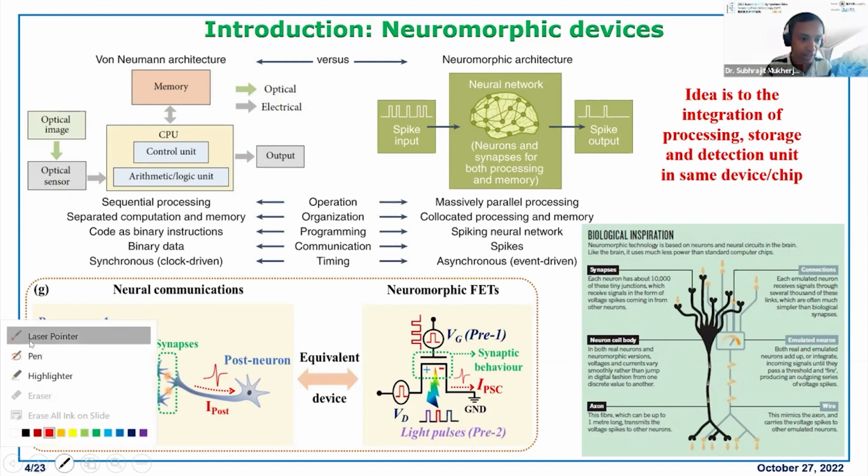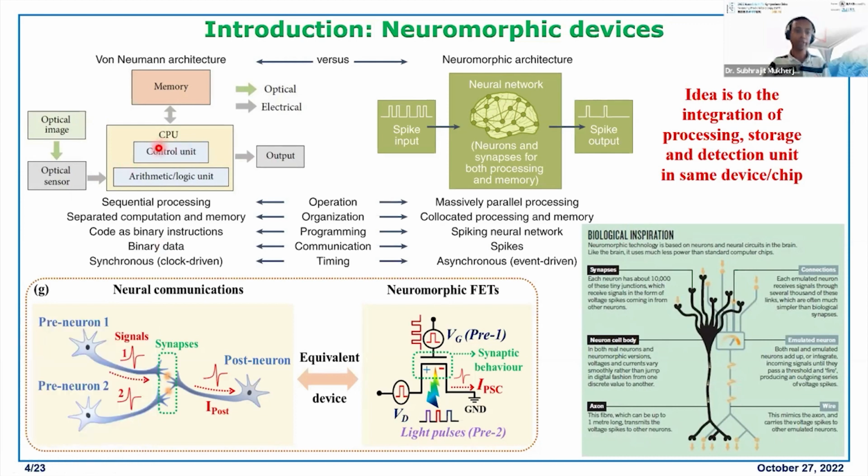So if you see in this image, the optical sensor sends the signal to the CPU for the logic operation. Then it stores the logic bits in the memory unit. And again there are a lot of data operations.